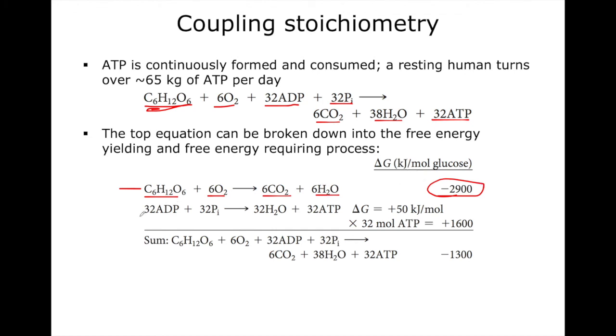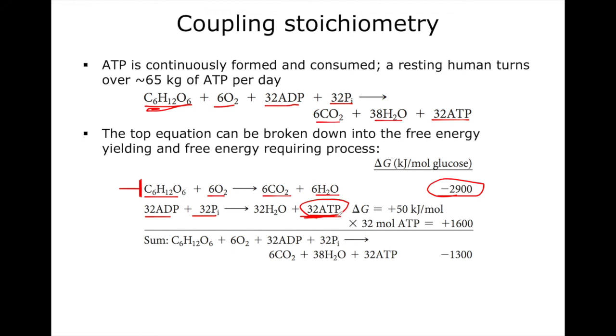Now, that free energy can be coupled to not the hydrolysis of ATP, but the production of ATP. So that free energy can drive the production of ATP and can be used to take ADP and phosphate and produce 32 ATP molecules. So from 1 mole of glucose, we can produce 32 moles of ATP.